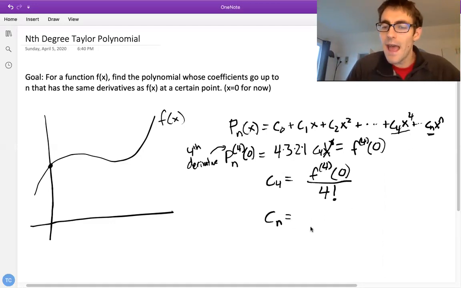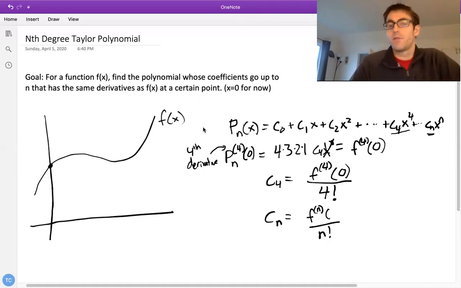So we're going to get an n factorial term. But other than that, we want this to equal the nth derivative of the function that we're mimicking, evaluated at 0. All right. So that's why the general form for the Taylor polynomial looks like this with our factorials on the bottom.